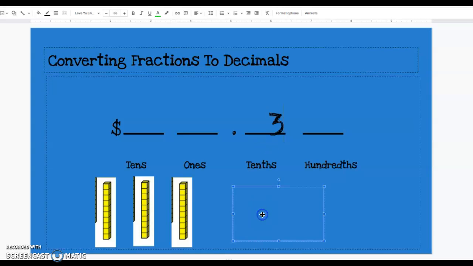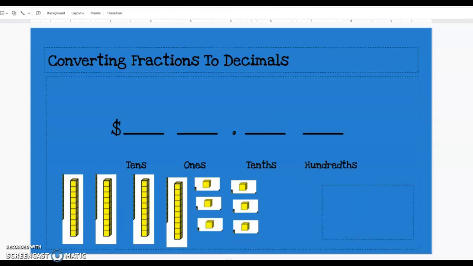Now, if I was to represent that as a fraction, I said out loud 3/10. So the equivalent fraction to these 3 rods would be 3/10. 3/10 is equal to 0.3. Let's try another one.